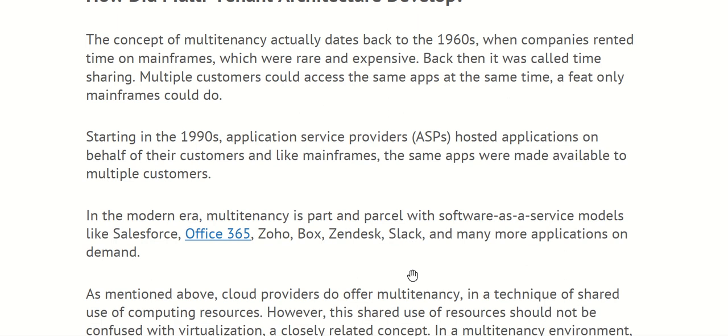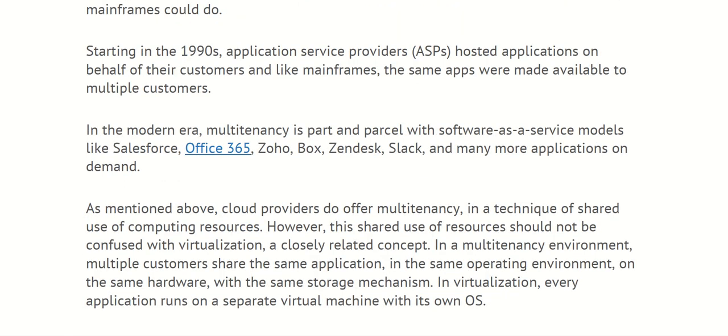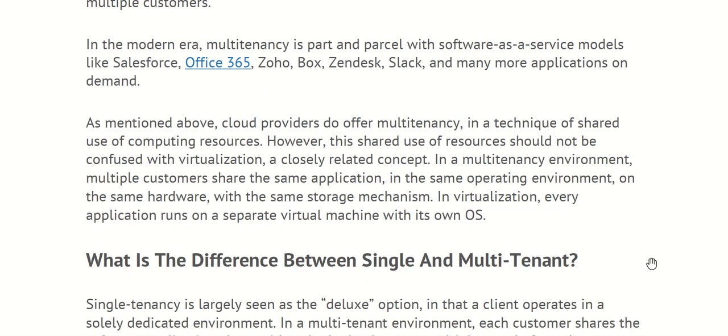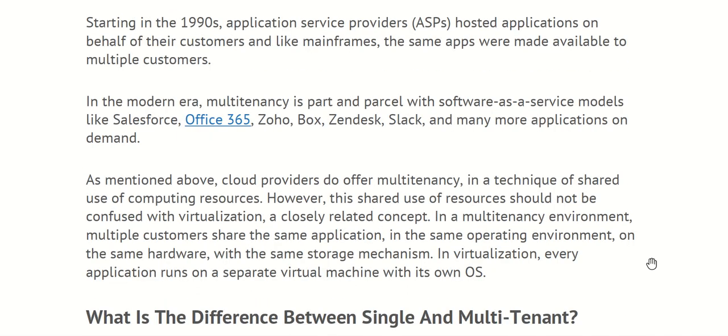Starting in the 1990s, application service providers hosted applications on behalf of their customers, and like mainframes, the same apps were made available to multiple customers. Okay. In the modern era, multi-tenancy is part and parcel of software as a service models like Salesforce, Office 365, Zoho, many examples.